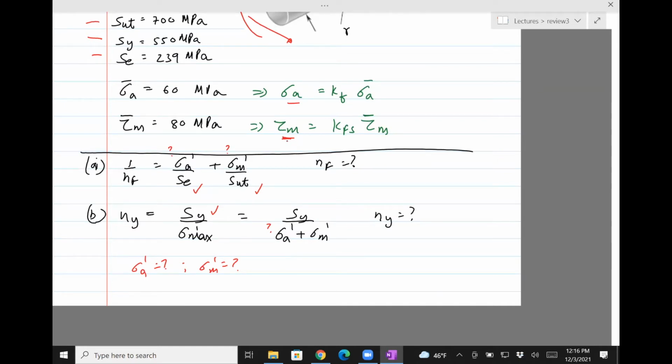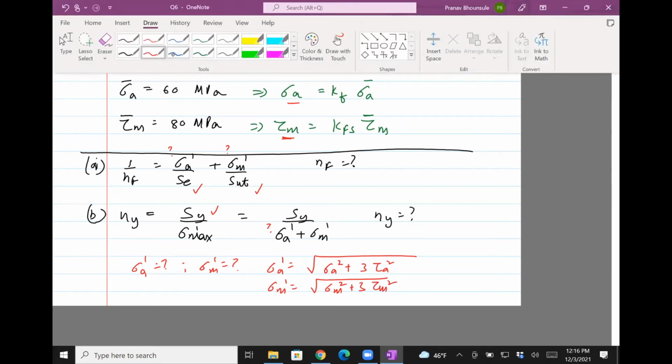The formula from the formula sheet is sigma A prime equals the square root of sigma A squared plus 3 tau A squared, and sigma M prime equals the square root of sigma M squared plus 3 tau M squared.